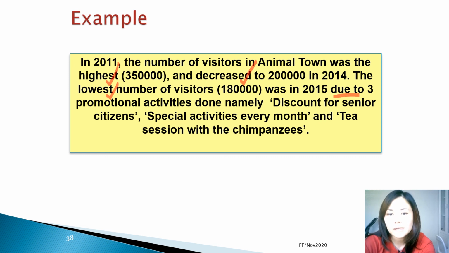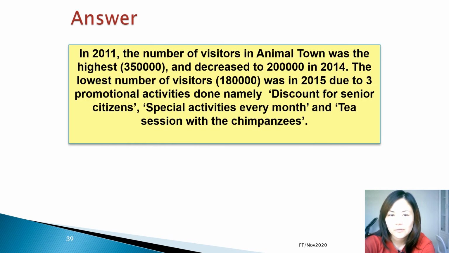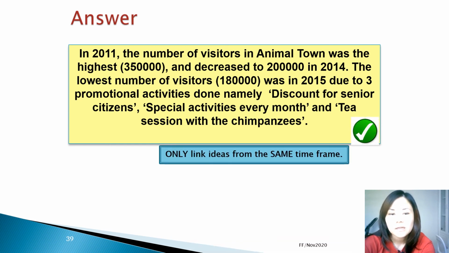Due to, the linking word, 3 promotional activities done, namely discount for senior citizens, special activities every month, and 3 sessions with chimpanzees. So the answer for this one is correct, because you only link ideas from the same time frame. So see, the movement trend decrease is only up to 2014, and the information for 2015 started with a different sentence. It's not related to the decrease, so this one we accept.